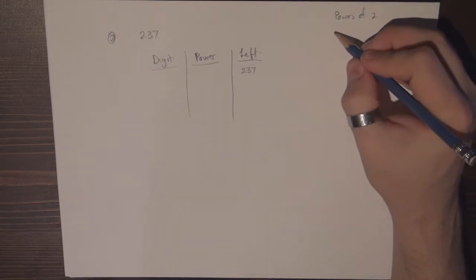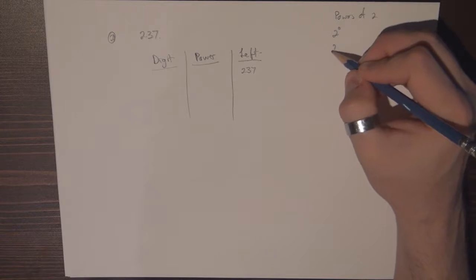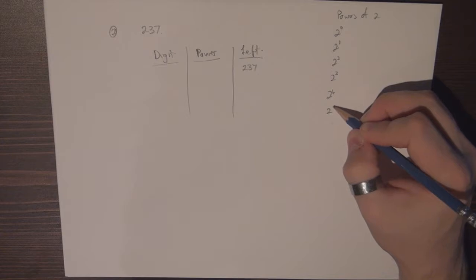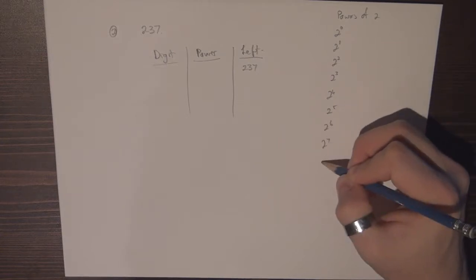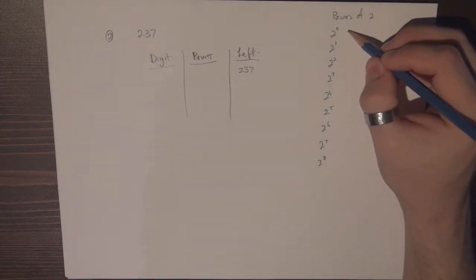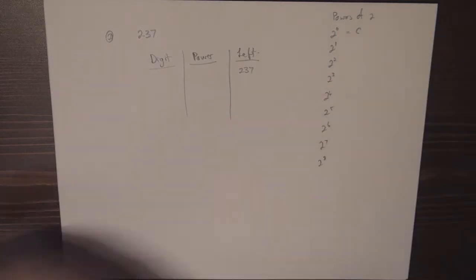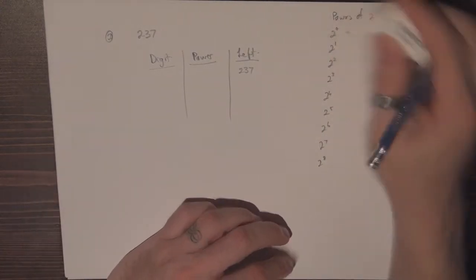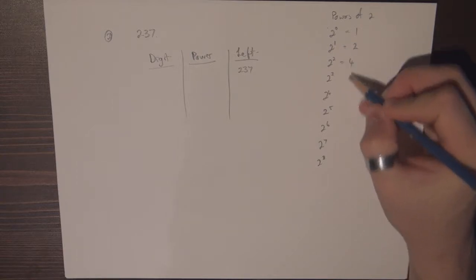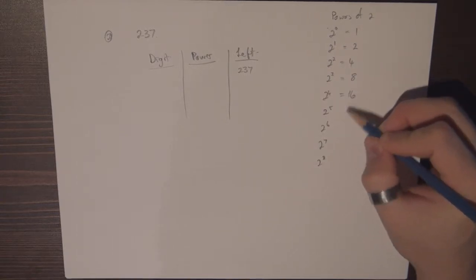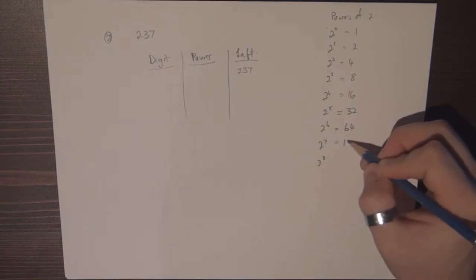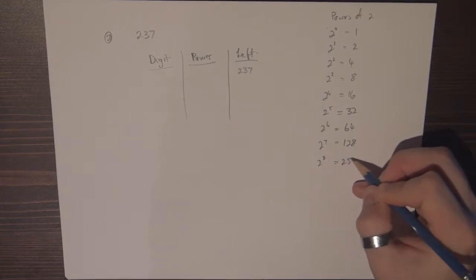Powers of 2. 2 to the 0, 2 to the 1, 2, 3, 4, 5, 6, 7, 8, and we'll see how many we need. 2 to the 0 is just 1. 2 to the 1 is 2, then 4, then 8, 16, 32, 64, 128, 256.